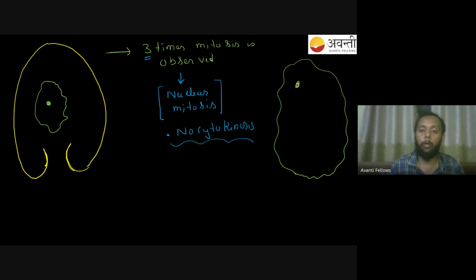So suddenly you have a large number of nuclei inside that particular cell. So you can see over here an 8-nucleate cell. 8 nuclei are observed.